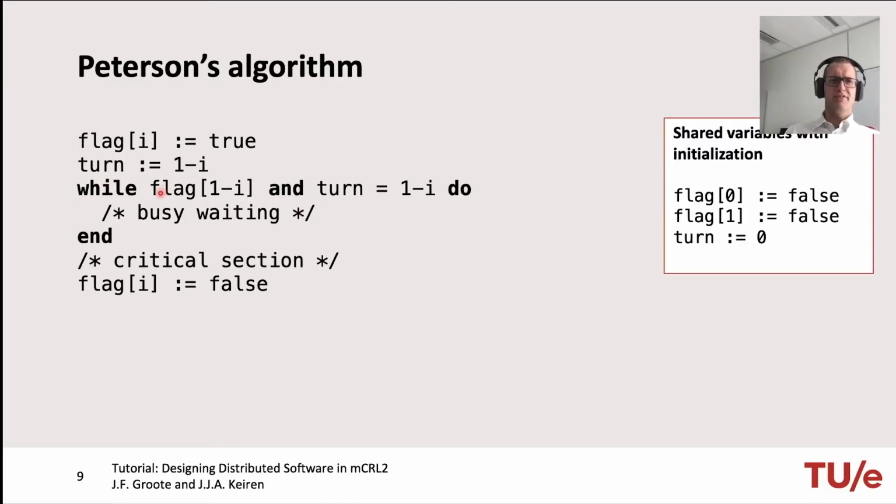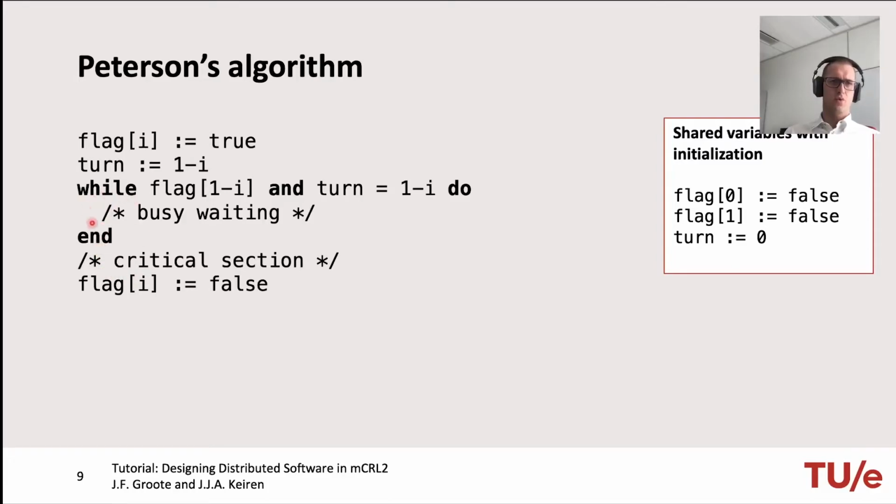And then it waits as long as both the flag of the other process is true and the turn was set in such a way that the other process can go first. In fact, this says that both processes had set their flag, and this process was the last to set a value for turn, so the other process can go first.